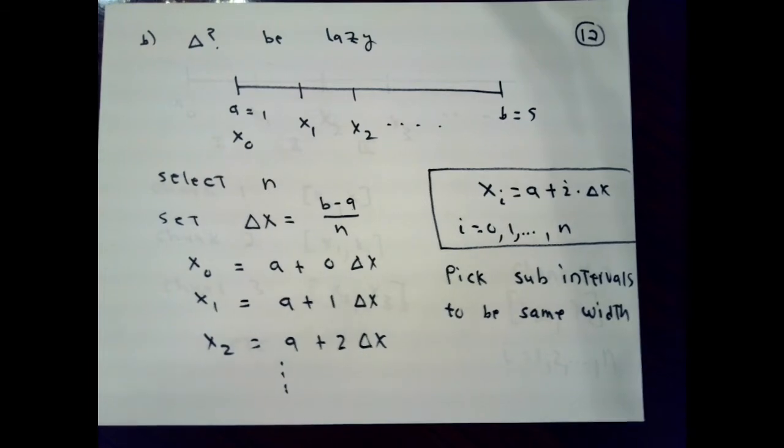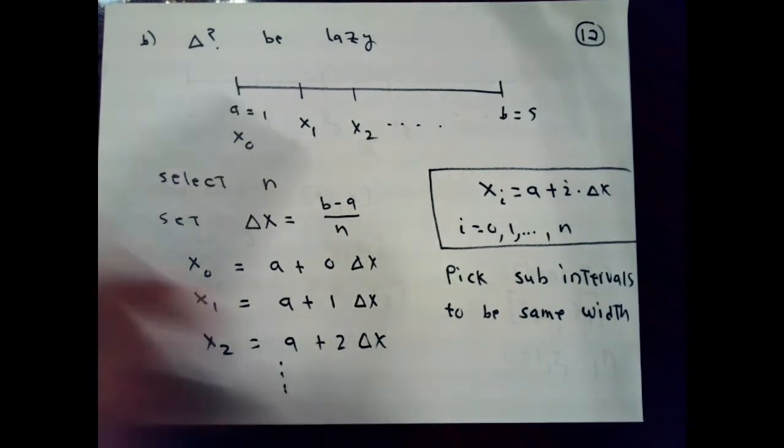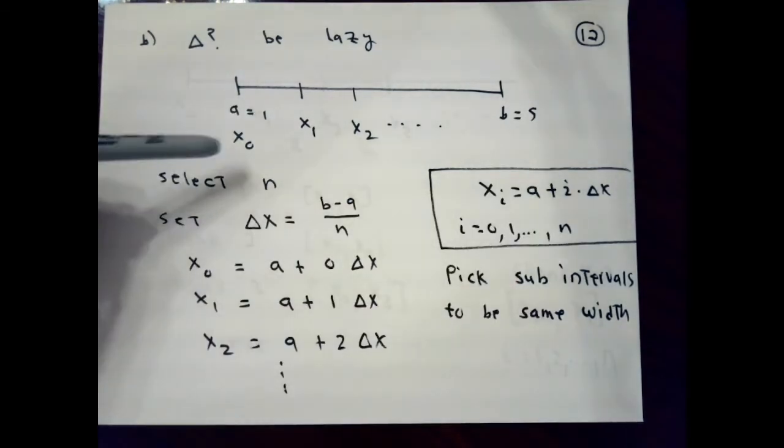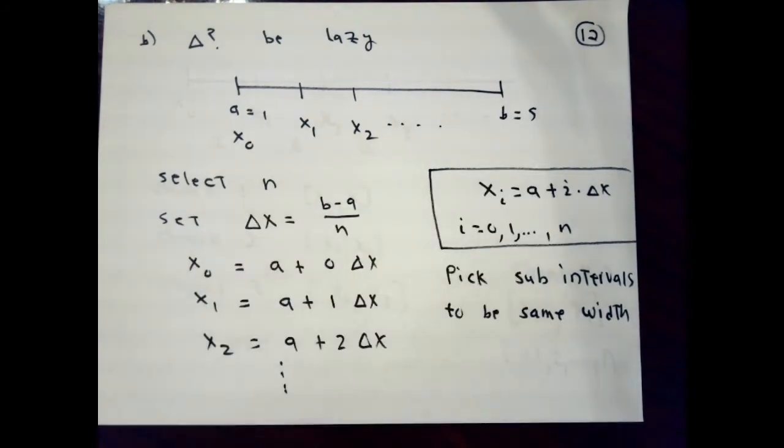I want to investigate this from this awful definition of integral business. Also, I'm going to be as lazy as I can. I'm going to have the interval from a, which is 1, to b, which is 5, x0 to xn. I'm going to divide it up into smaller chunks. Each chunk is going to be the same width, so this will make life a little easier for me.